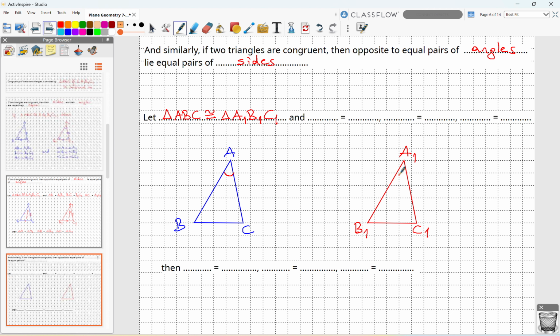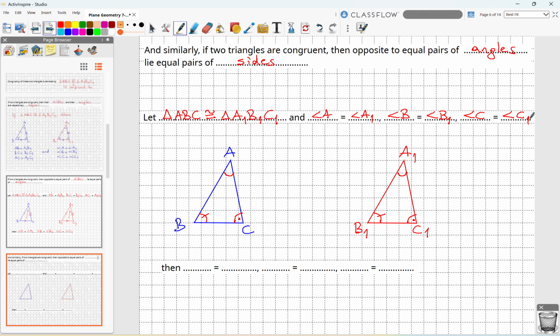It's given that angle A equals angle A1, angle B equals angle B1, and angle C equals angle C1.